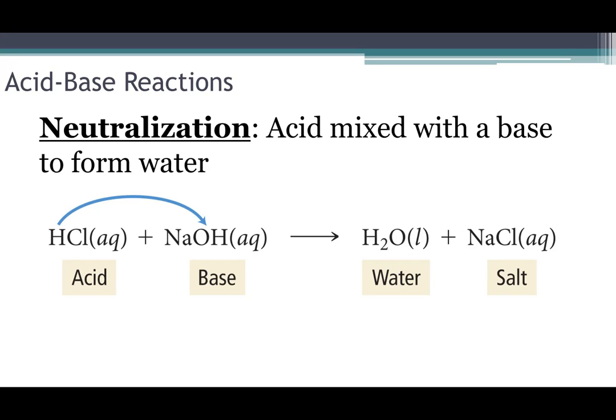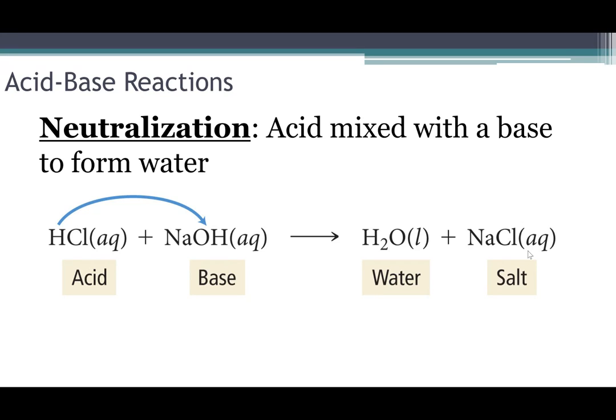So a neutralization reaction is when an acid is mixed with a base, and it will always form the same products. It will always form water, that's always going to be present, and then some sort of ionic salt.